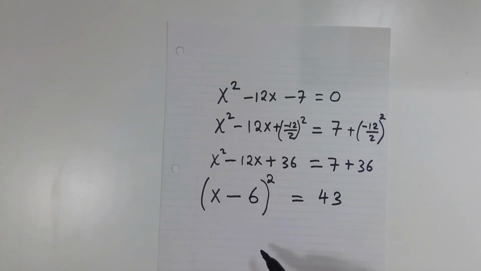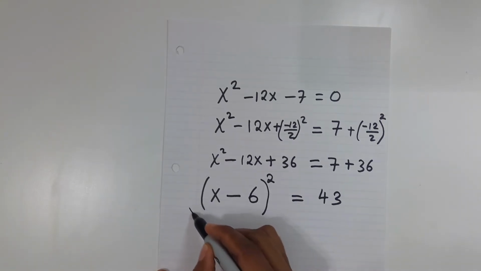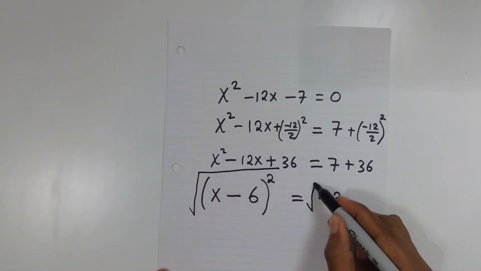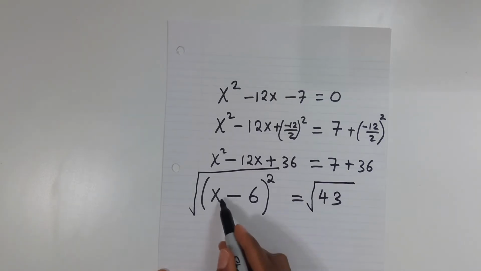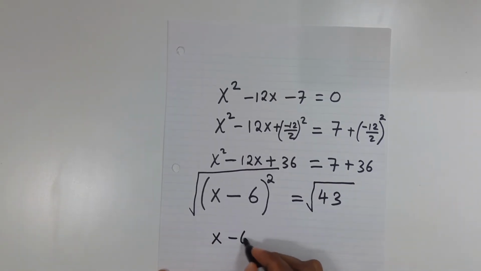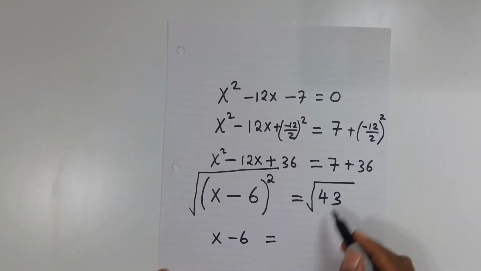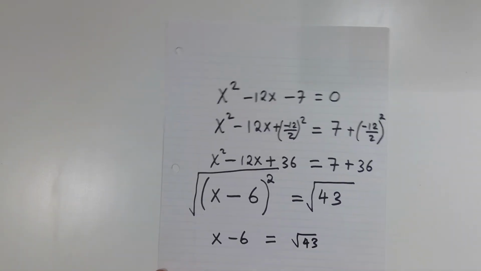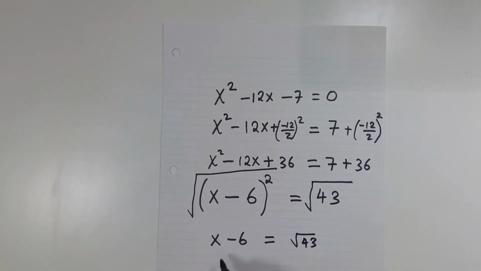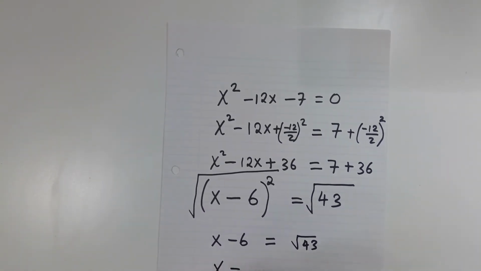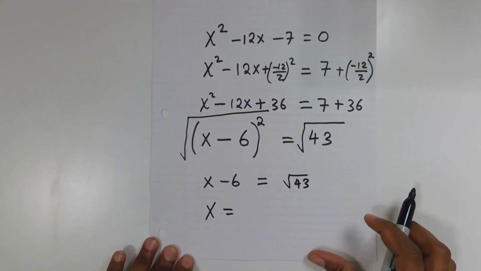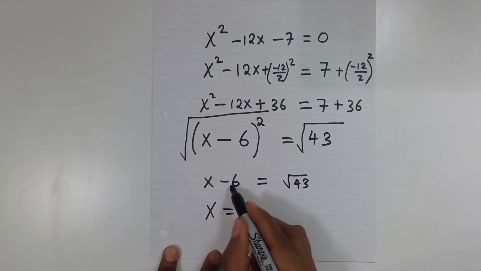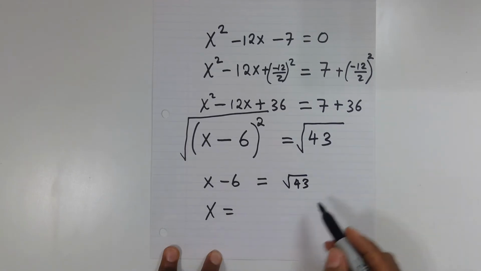So the next step is you square root both sides of the equation. This will give you x minus 6 is equal to the square root of 43. You can use a calculator to simplify. So in order to find x, what you will do is take this negative 6 to the other side of the equation.